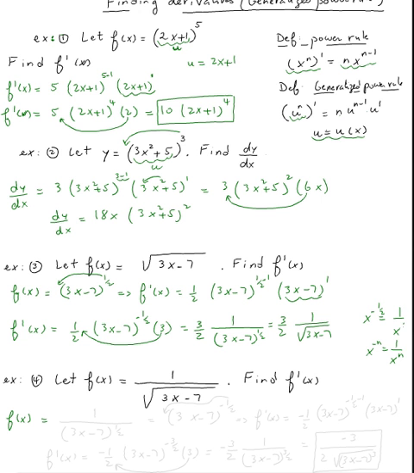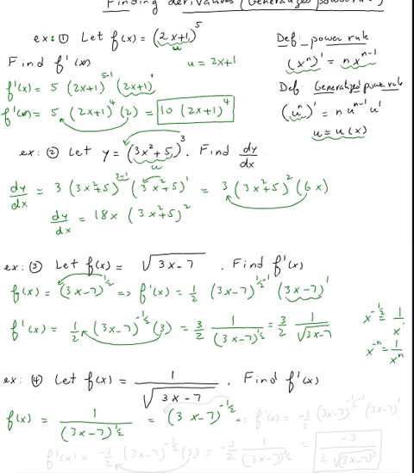So this is the same thing as the previous example, except the square root is in the denominator, so I'm still going to do (3x minus 7) to the 1/2, right? Like we did in the previous example, except now I need to move this to the top, so it becomes (3x minus 7) to the negative 1/2. Remember, you change the sign when you move something from the denominator to the numerator or from the numerator to the denominator.